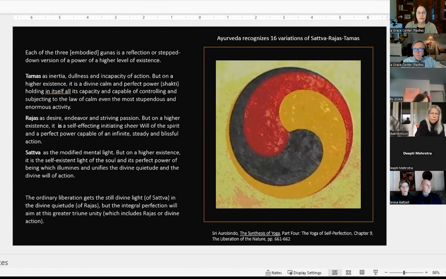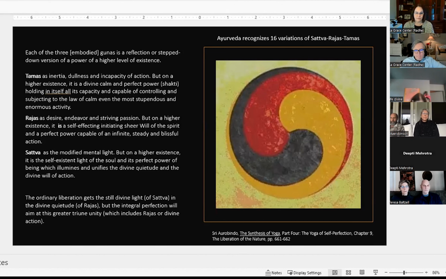But Sri Aurobindo says on a higher existence, it is a self-affecting, initiating, sheer will of the spirit and a perfect power capable of an infinite, steady, and blissful action. So the nature of that action, instead of desire and striving passion, now becomes steady and blissful action.